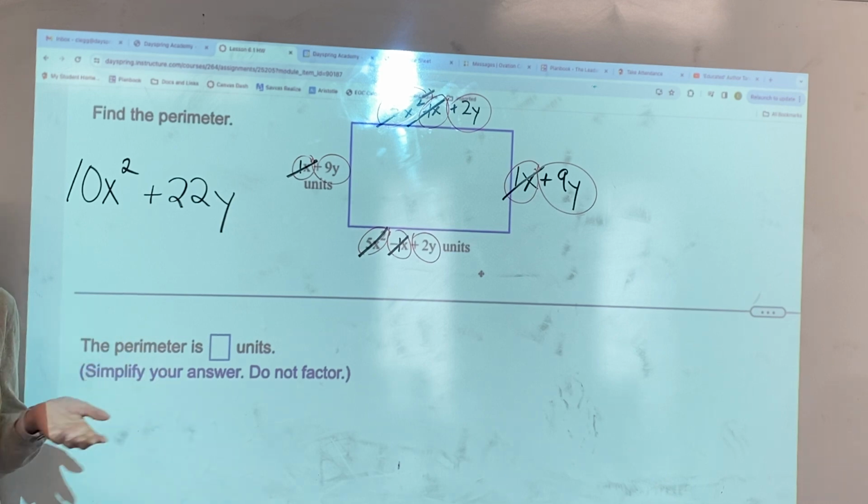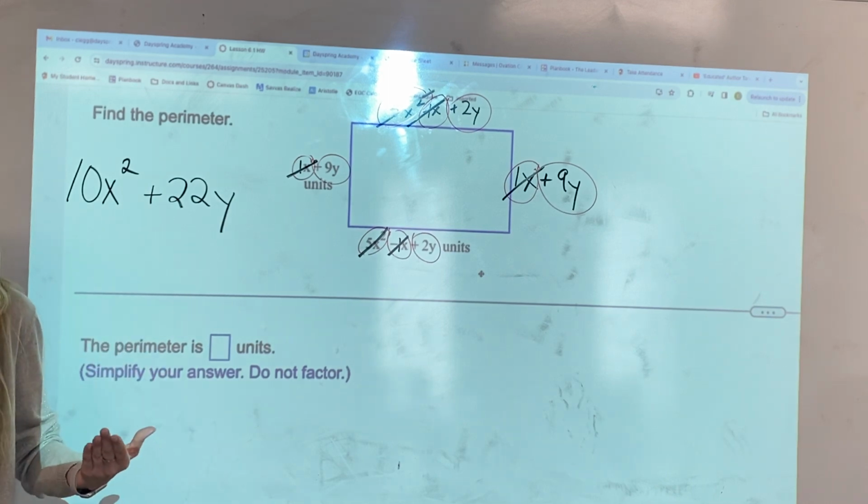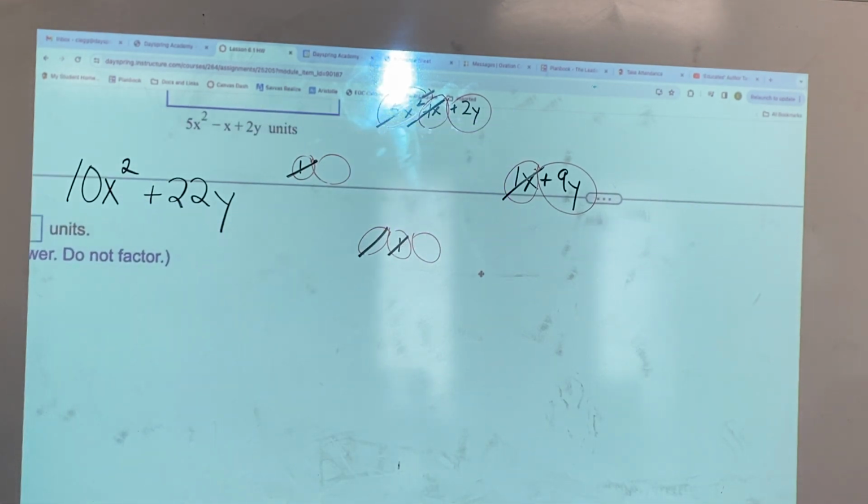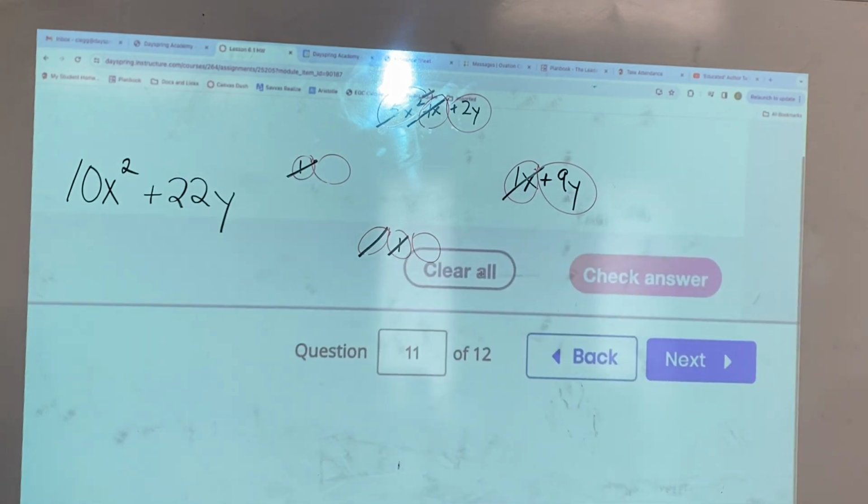So if you have a 5 plus a negative 3, you would follow that rule and you would get positive 2. So it's not subtracting, it's just following the rules of adding integers. We just have one more question to do. But let me know if you have any trouble with your perimeter and I can help you.